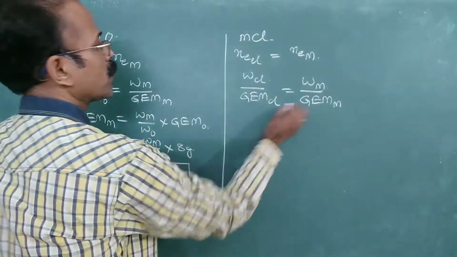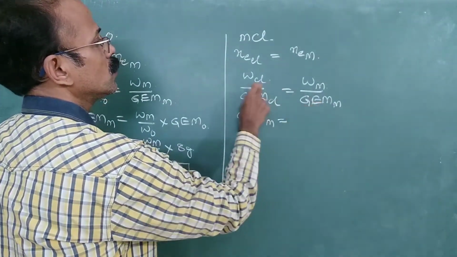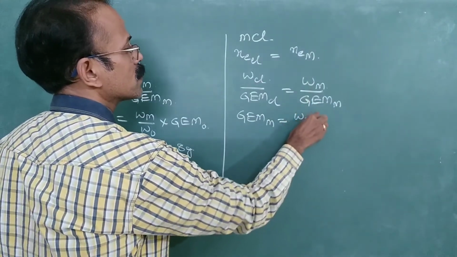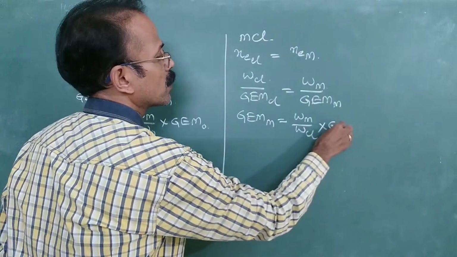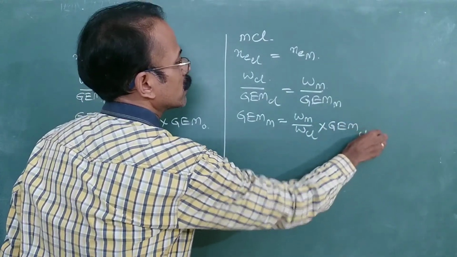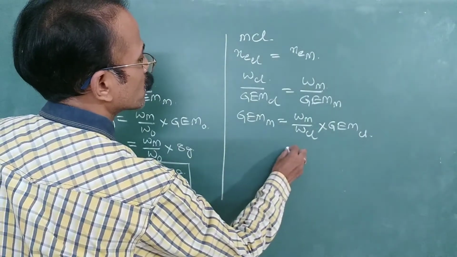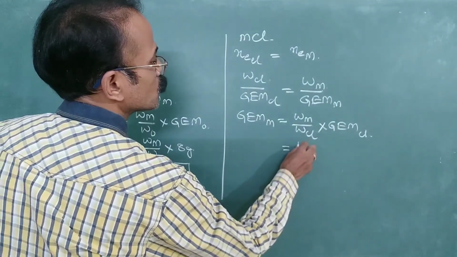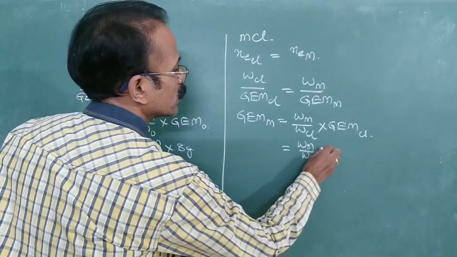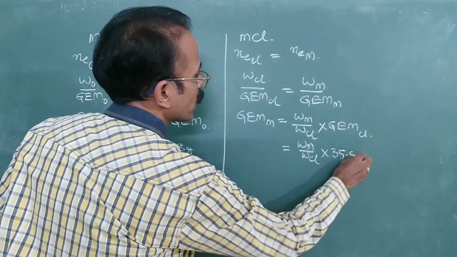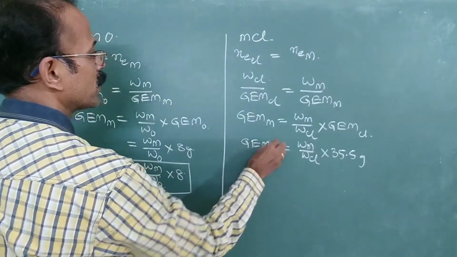Now gram equivalent mass of element is equal to mass of the element divided by mass of chlorine into gram equivalent mass of chlorine, right? So gram equivalent mass of chlorine is equal to 35.5 grams. So mass of element by mass of chlorine into 35.5 gram will give gram equivalent mass of the element.